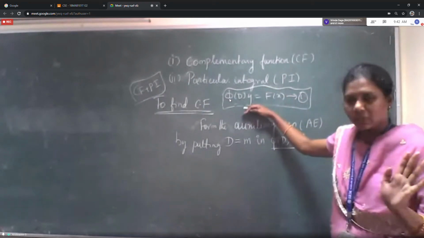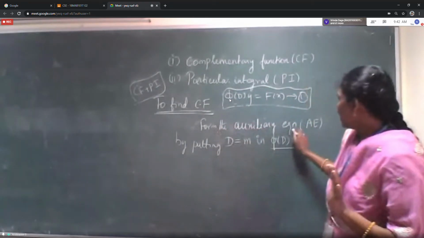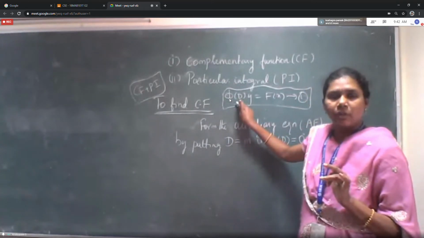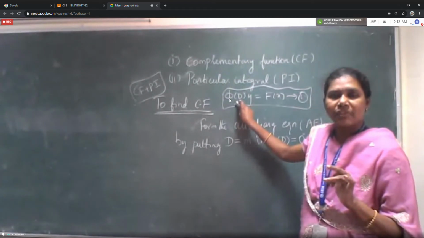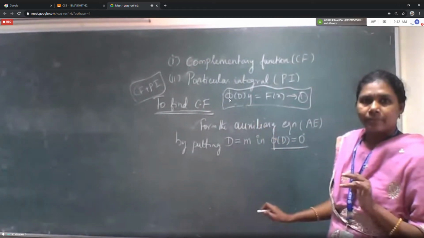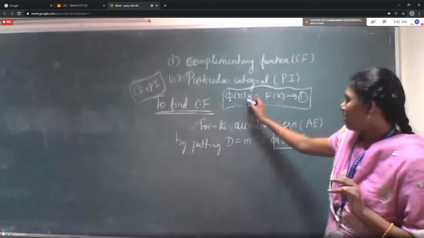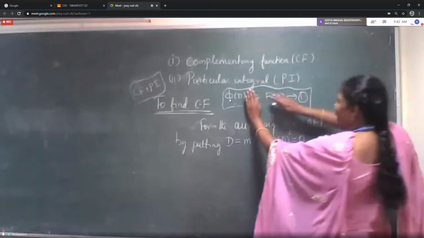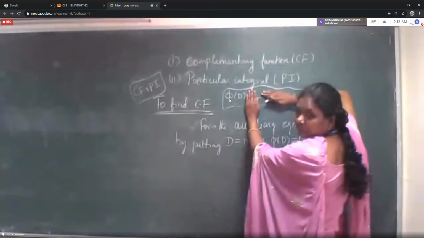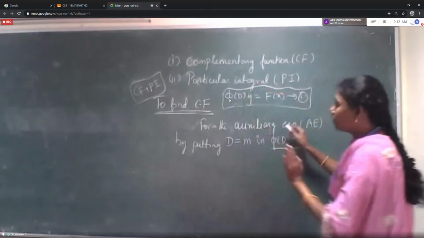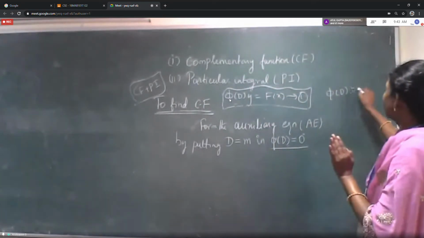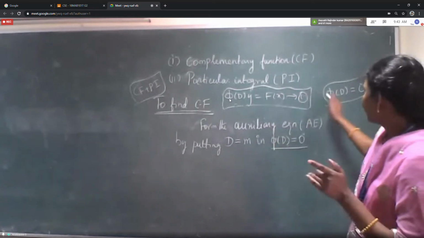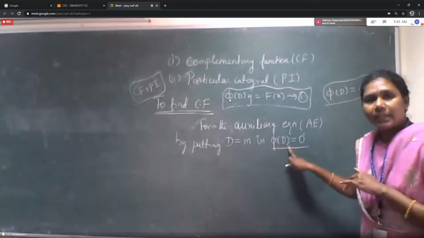First, form the auxiliary equation by putting D equal to M. We have to take only phi of D equal to 0, except y and f of x. When we write the auxiliary equation, we take only phi of D equal to 0.